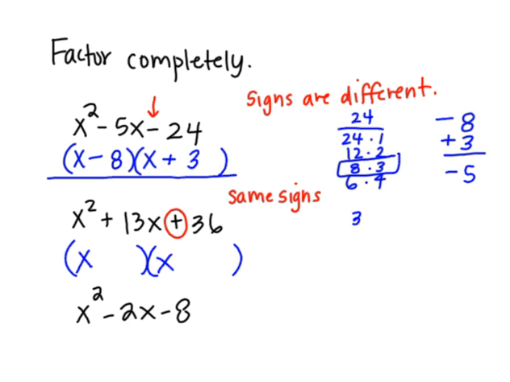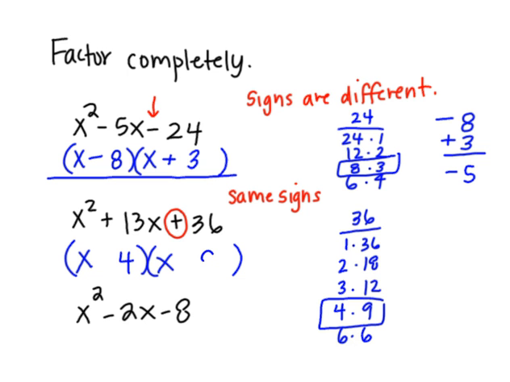My factors of 36 are 1 and 36, 2 times 18, 3 times 12, 4 times 9, and 6 and 6. Since it ends with a positive, I'm looking for my group that adds to give me 13. So this group of factors that add to give me 13 would be 4 times 9.